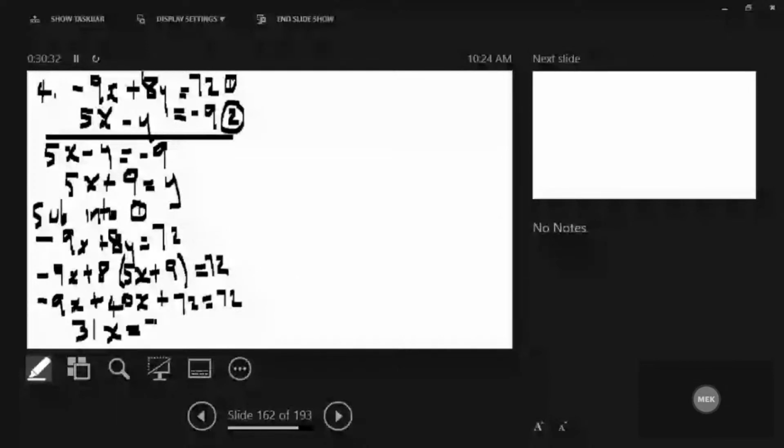And 72 minus 72, that's 0. So I should have changed the color of my ink. Sorry. So what we have is 31x is equal to 0. Therefore, we know x must be equal to 0.